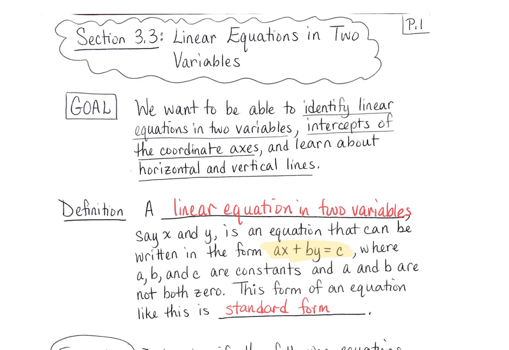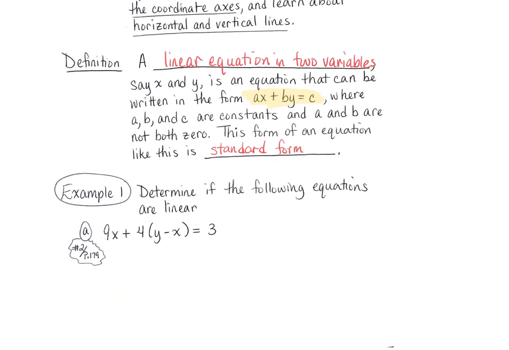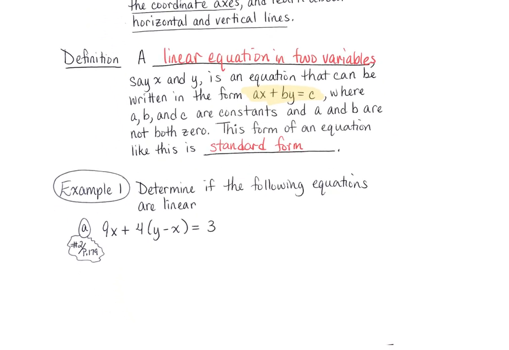In example 1, we want to determine if the following equations are linear. So we want to see if it has this similar format or if it can somehow be arranged that way. We have 9x plus 4 times the quantity y minus x equals 3. Initially it's not in that form, but so far we have two variables, x and y.